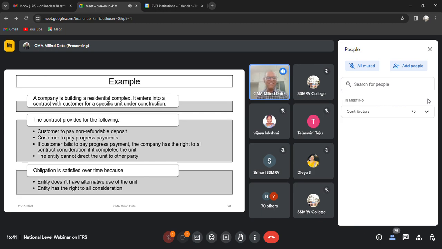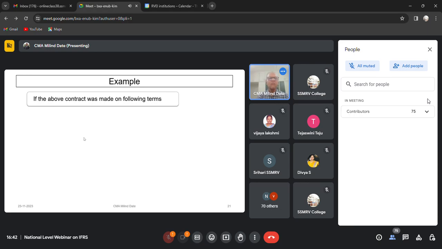Because the entity cannot transfer that unit to somebody else. It will be a breach of contract. But the entity at the same time has a right to all the consideration. Because of that, the obligation is satisfied over a period of time. Right? So that's how you could use this set of examples to explain the principles.